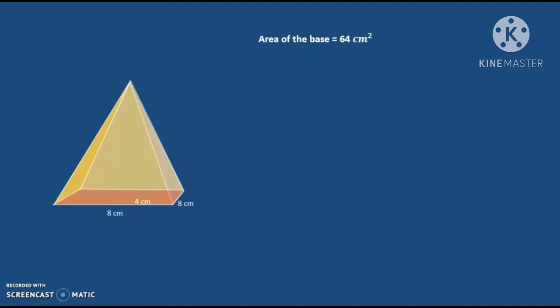We know that this straight line meets the very center of the square base. This means that this over here would measure half of 8 centimeters, making it 4 centimeters, and since the height of the pyramid is 7 centimeters, it creates a 90 degree angle with the 4 centimeters like that.